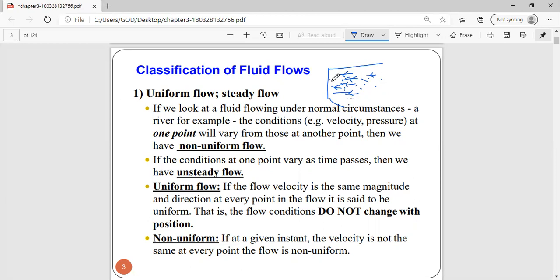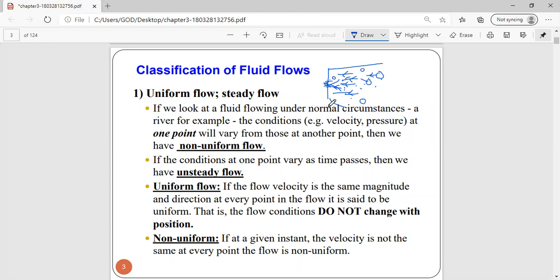Then you open a small amount of gate. The water tries to escape from this small gate opening. The behavior of fluid particles, if you observe, is different. When it is stationary, the behavior of fluid particles is different; when it is moving, it is completely different.